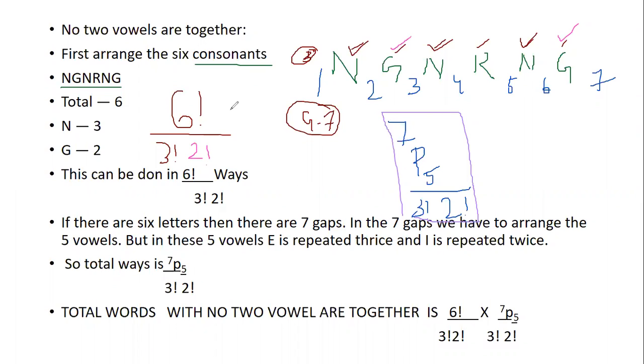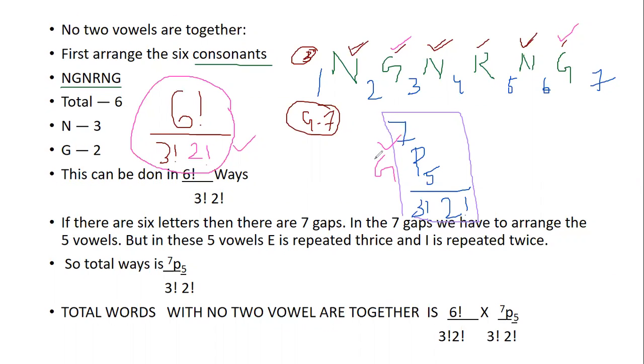Now, the arrangement for boys is 6 factorial divided by 3 factorial into 2 factorial. But the arrangement for girls is 7P5 divided by 3 factorial into 2 factorial. So this is the arrangement for boys and this is the arrangement for girls.